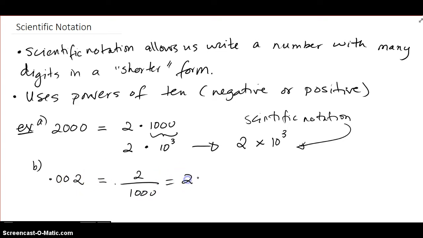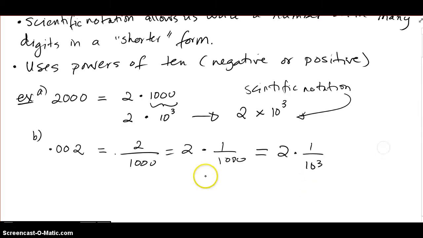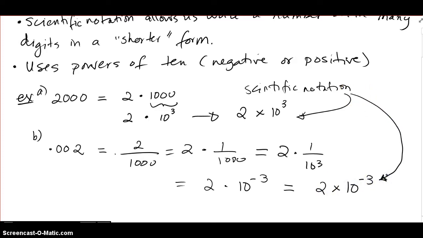So I'll rewrite that as 2 times 1 over 1,000, which is really 2 times 1 over 10 to the third, which is really 2 times 10 to the negative 3, and in scientific notation form that'll be 2 times 10 to the negative 3. So the scientific notation form of 0.002 is 2 times some power of 10 with a negative exponent, because it was really a small number that I started off with.